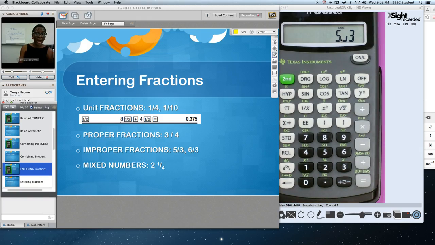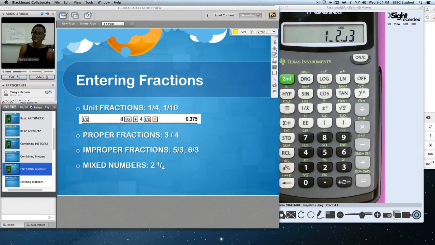It takes us back to an improper fraction. If I want to go back to a mixed number, I would press second and hit that key again, and it takes me back to a mixed number. So I can switch between improper and mixed by pressing the second key and then pressing the ABC key, which is really me flipping between mixed and improper.